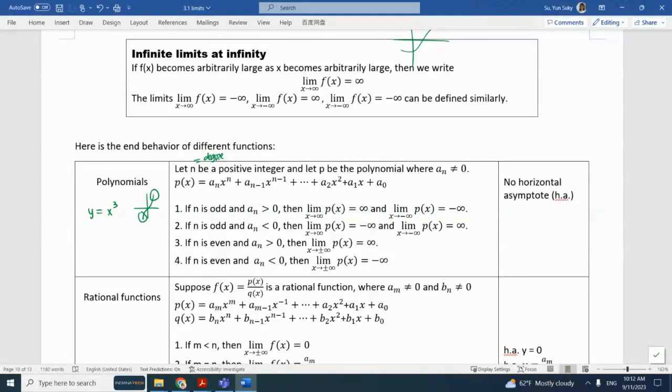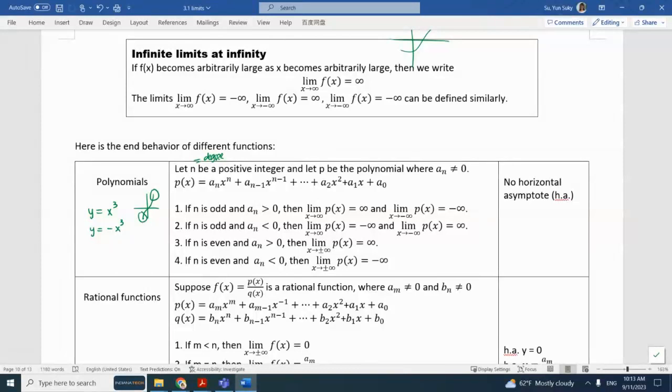Okay, next. If n is odd and a sub n is negative, well, think about y equals negative x cubed. Right, everybody? Your leading coefficient is -1, is negative. And do you remember if you put a minus sign in front of a function, this is like reflection over the x-axis. Yeah, so you flip it.